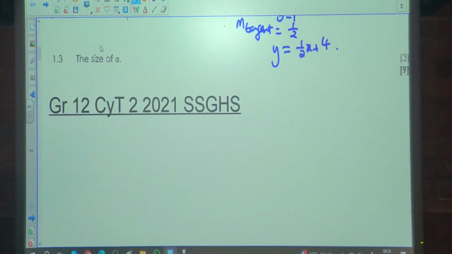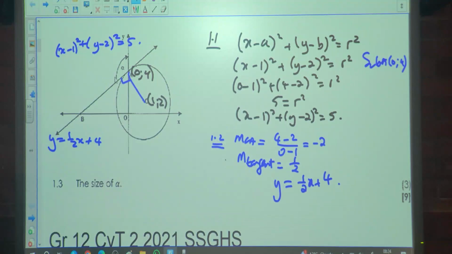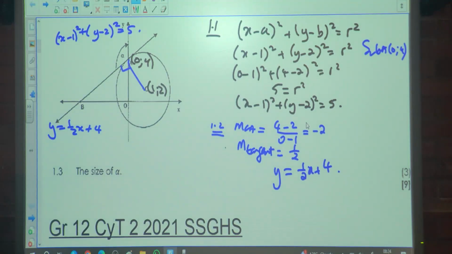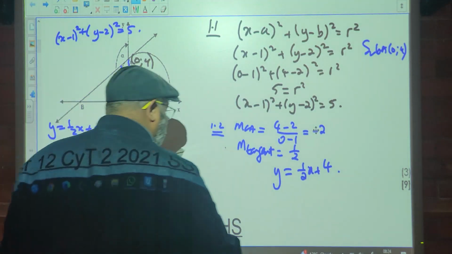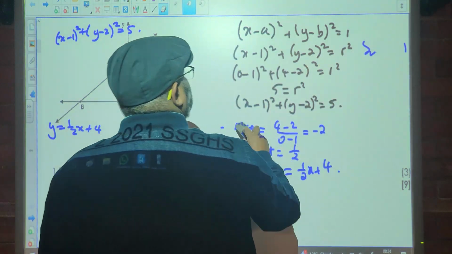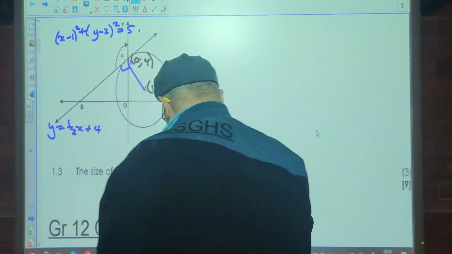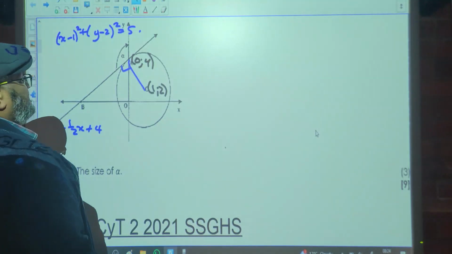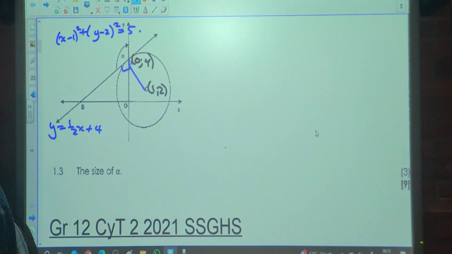We are asked to calculate the size of theta, or alpha, sorry. The size of alpha. So as you can see here, what can be calculated is this angle here.